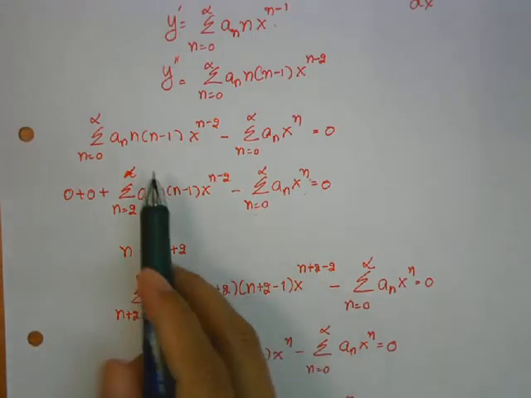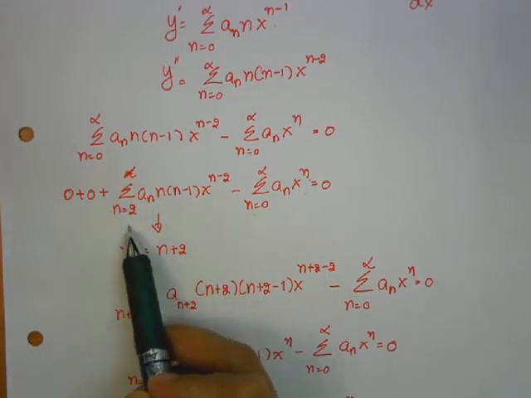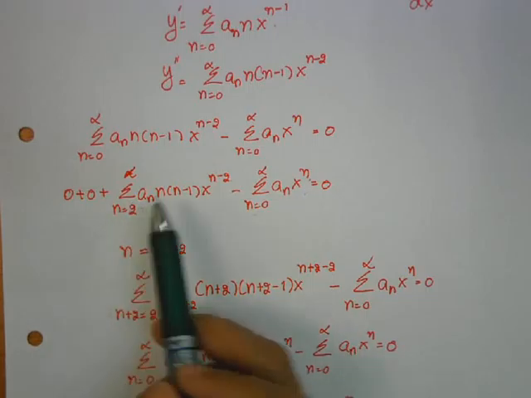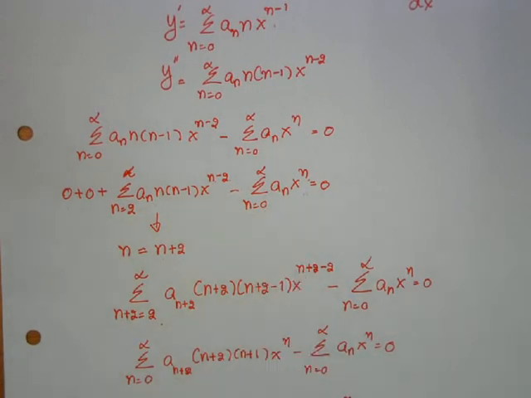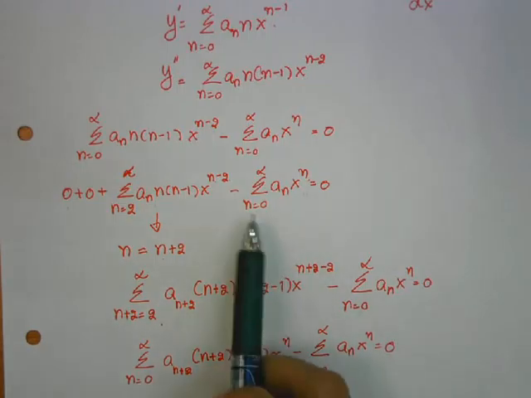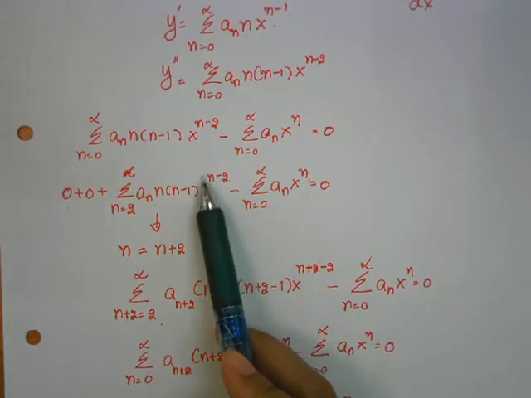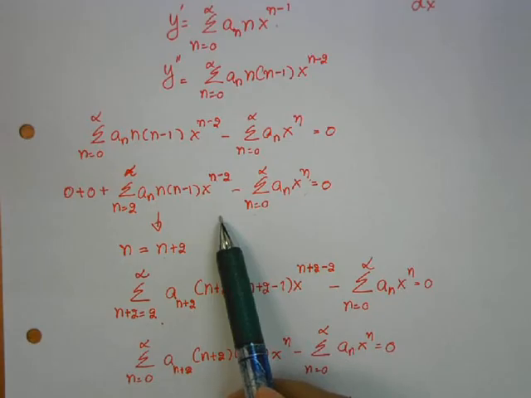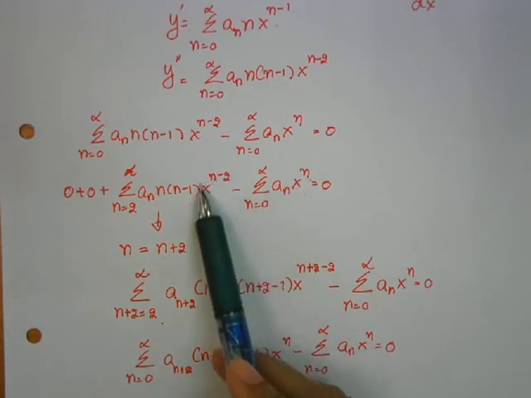This one we call the index of summation. I'm going to shift it in such a way that I would get x to the power n for this term.